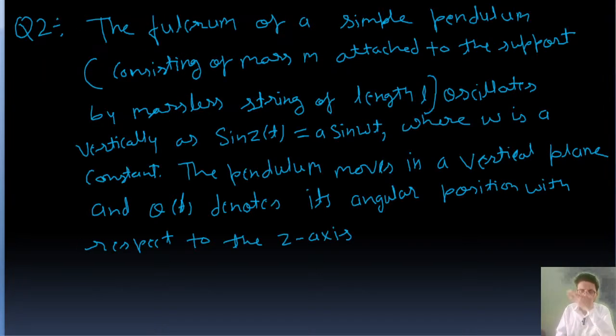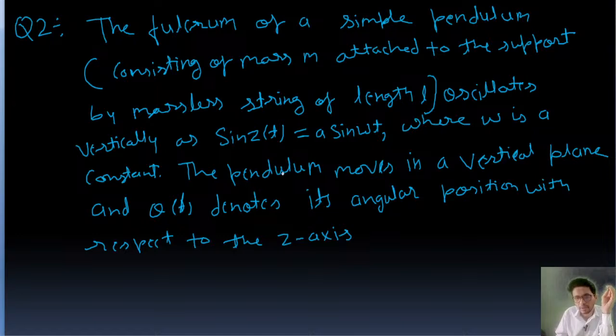The question is: the fulcrum of a simple pendulum consisting of mass m attached to the support by a massless string of length L oscillates vertically as z t equal to a sin omega t, where omega is a constant.